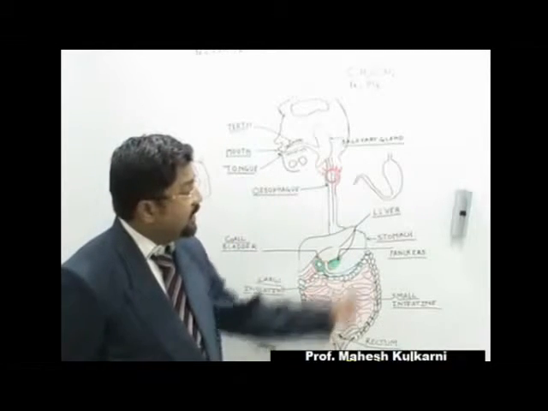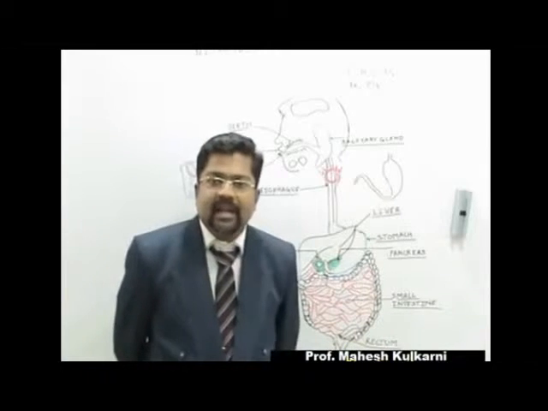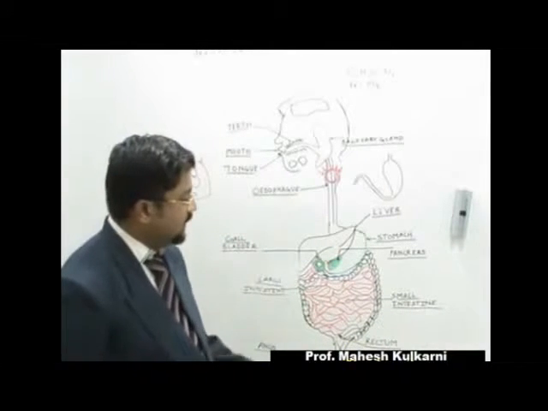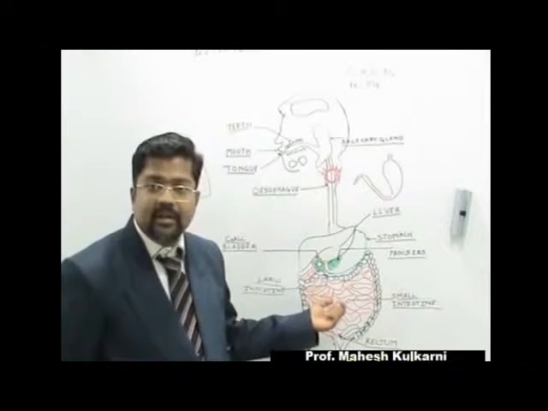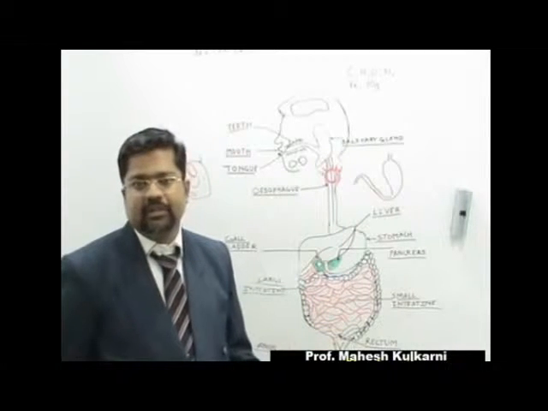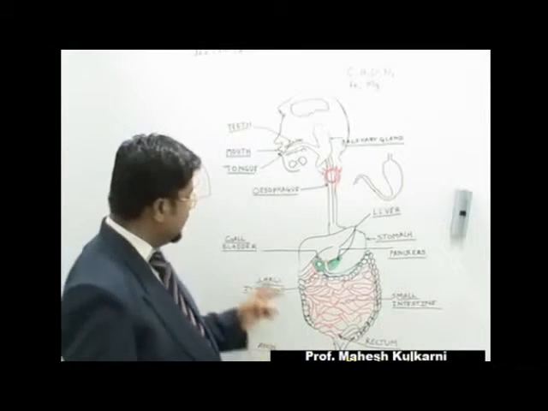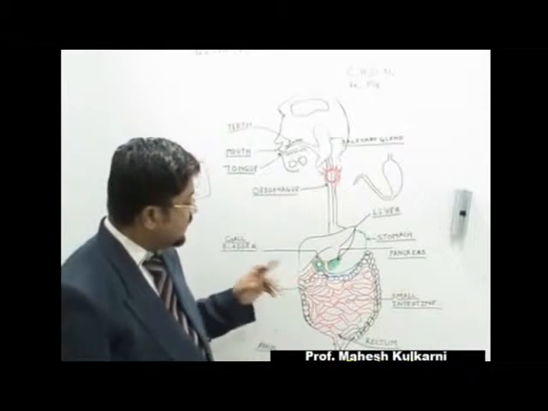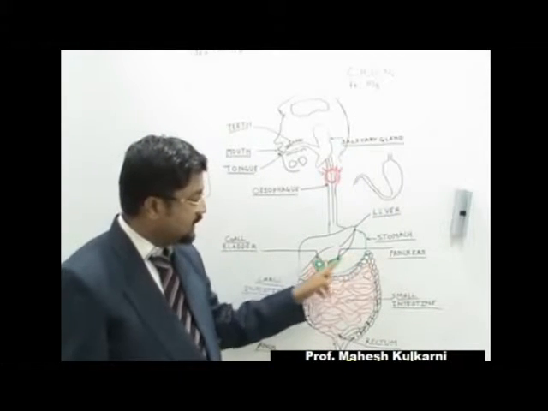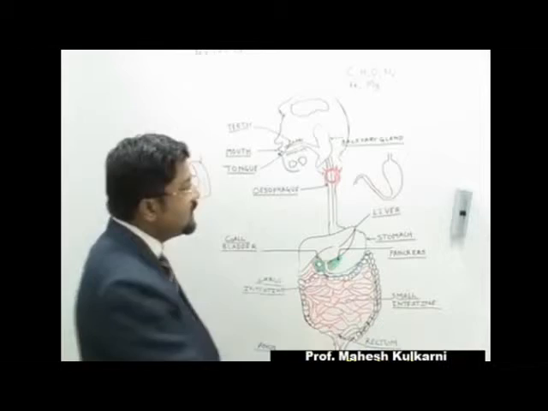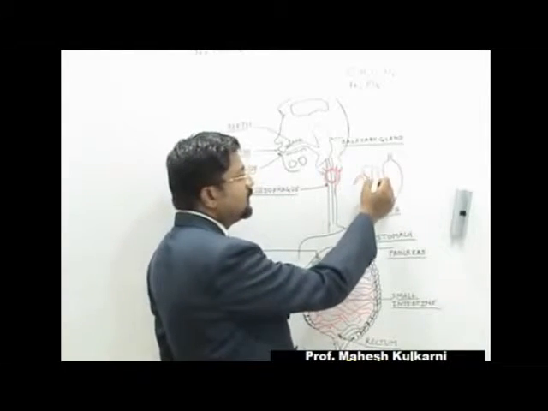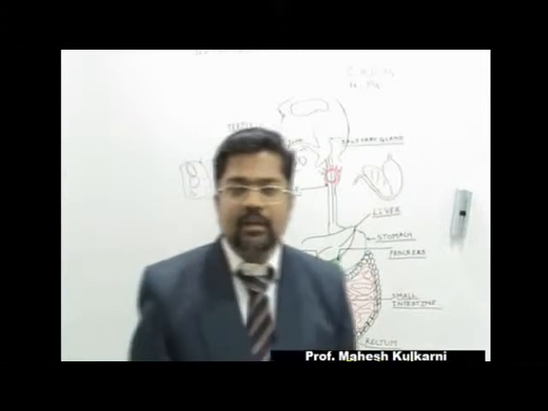Now, in between this gap, there is another gland which is associated with digestion and glucose consumption. This gland is called the pancreas. So this is shown over here. In this gap, we can find the pancreas.